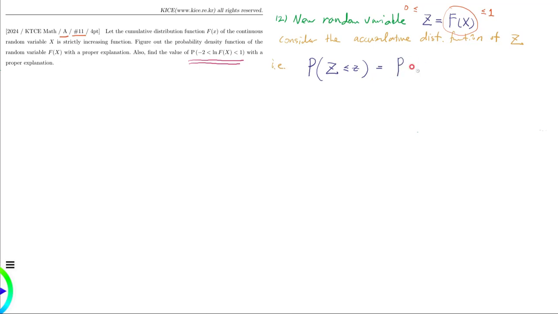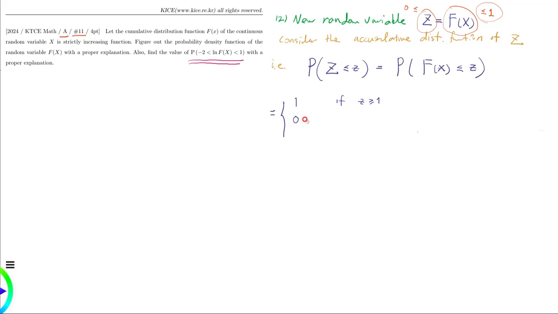Since capital Z is nothing but capital F of X, which is equal to or less than small z, this function gives us 1 if small z is equal to or greater than 1, because the range of the new random variable has a maximum of 1.